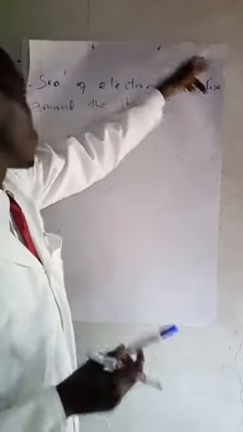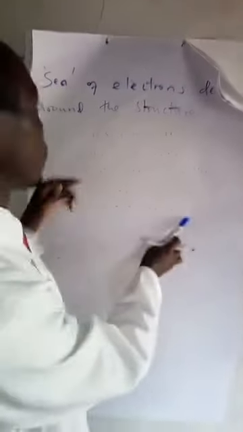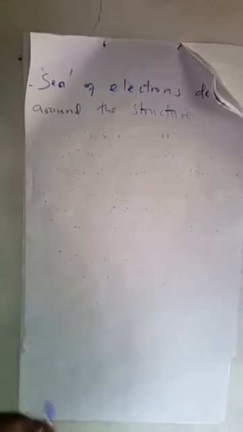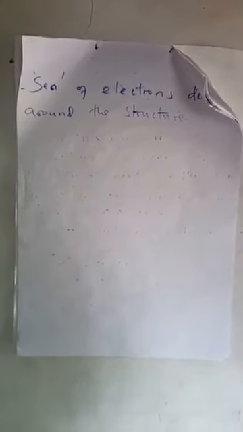I'm calling it a sea because there are very many electrons surrounding each atom. So each atom is attracted to a sea of electrons. These electrons are delocalized around the structure. So that is how metallic bond is formed.